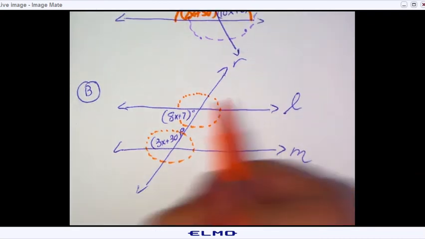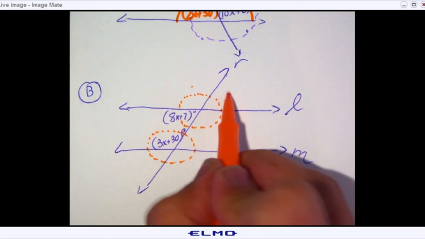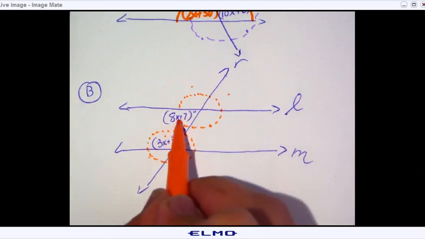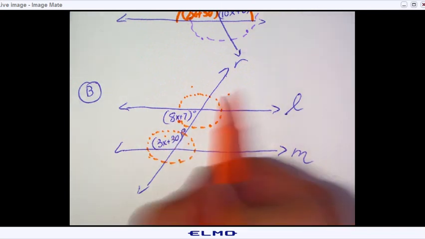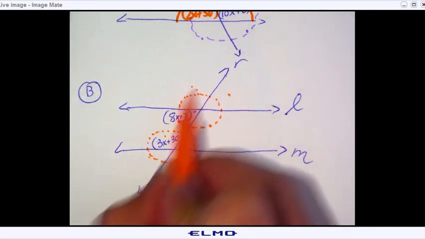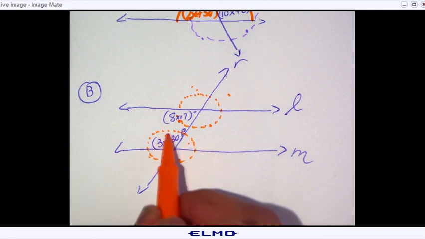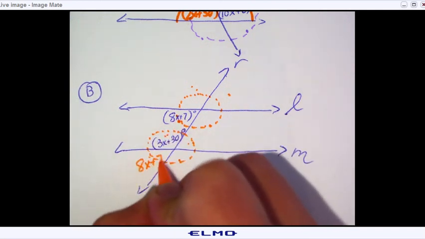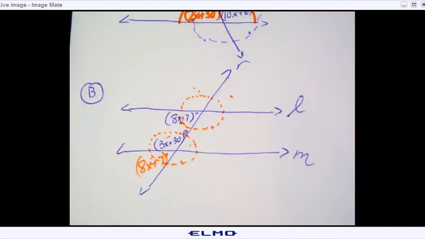Remember, this circle has 1, 2, 3, 4, and then 1, 2, 3, 4. So if this is going to be on section 3, or maybe let's do this quadrant 1, 2, 3, so this is going to be right here: 8x plus 7. See that?